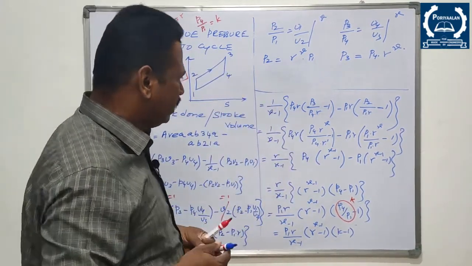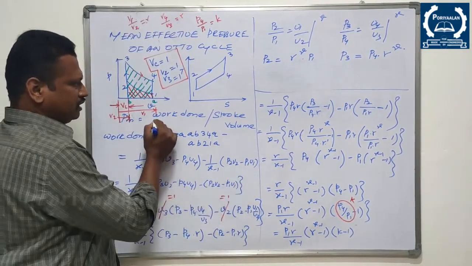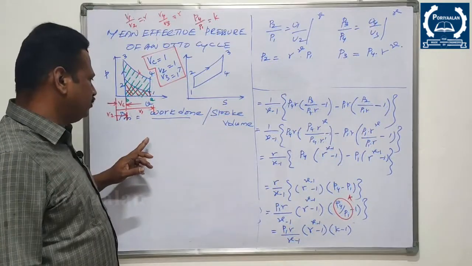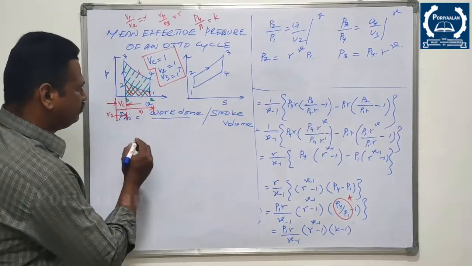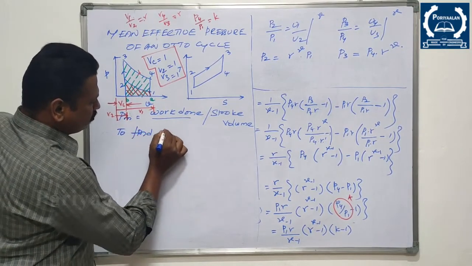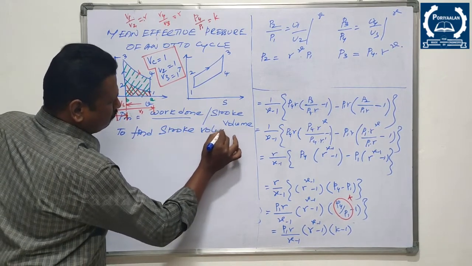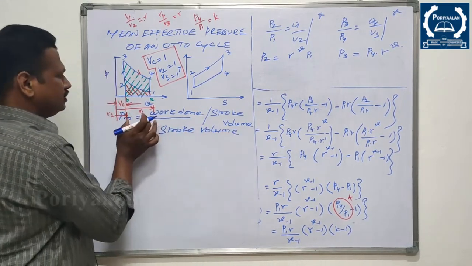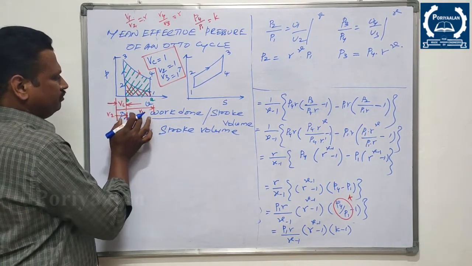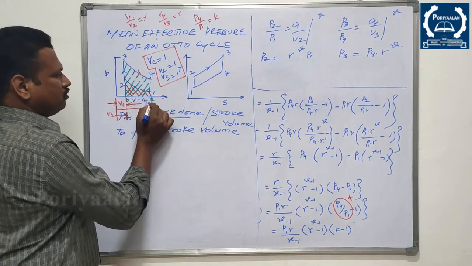So far what we have discussed is work done. Then we should go for stroke volume. To find the stroke volume: stroke volume is nothing but total volume minus clearance volume, V1 minus V2, right.